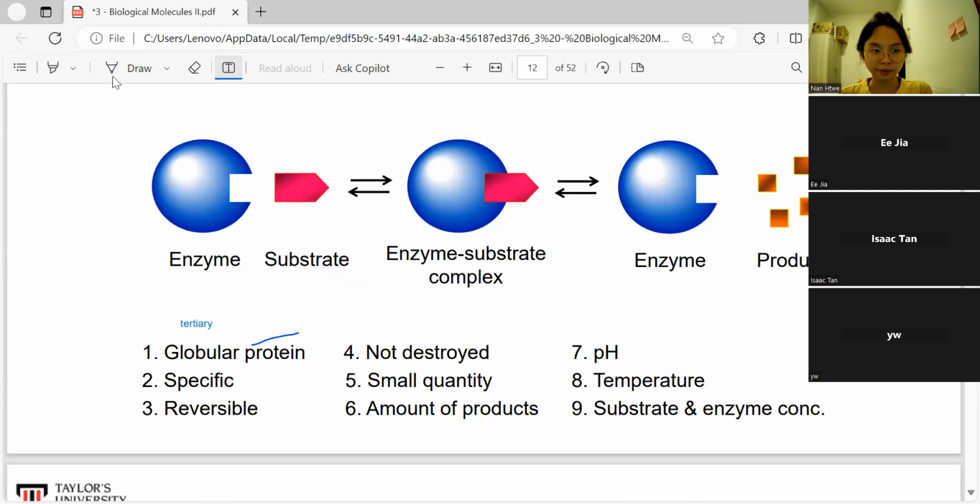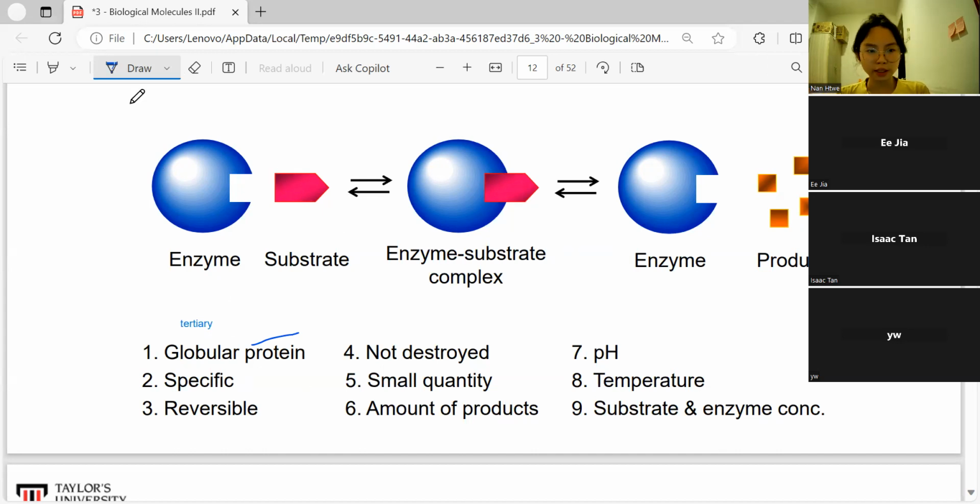Then, specific means that we have the active site here, right? The enzyme has an active site. What is an active site? You need to know the definition of that too. The site where the substrate binds to the enzyme. You can write it down like that.